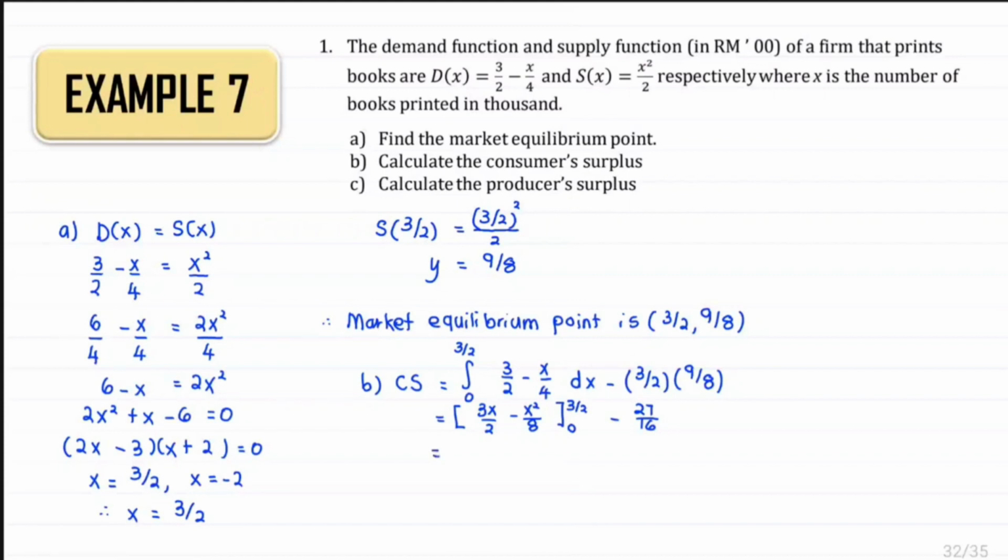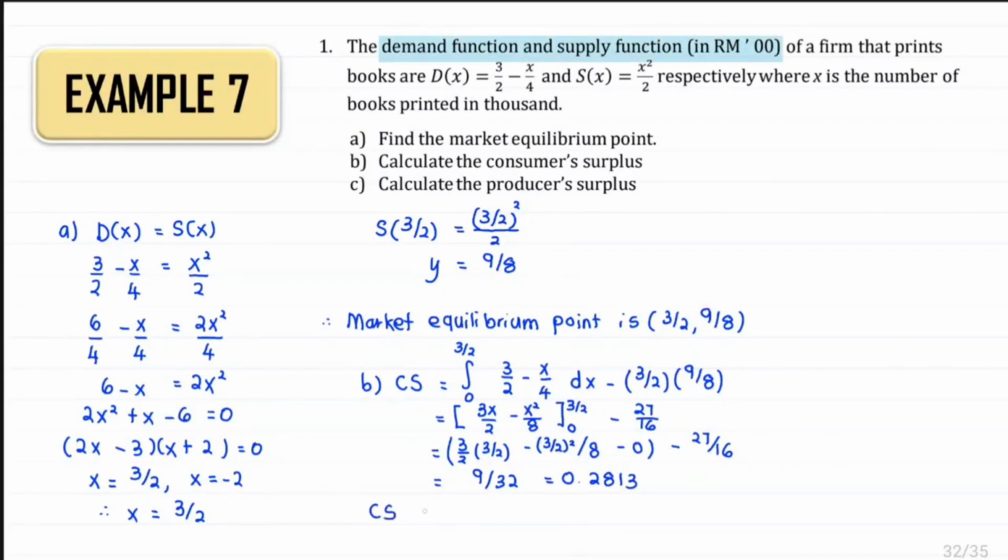Then we substitute value 3 over 2 times 3 over 2 minus 3 over 2 squared divided by 8, then minus 0, minus 27 over 16. Then we calculate, we get 9 over 32 or 0.2813. Since demand and supply are in 100, our CS is 28 ringgit and 13 cent. We move 2 decimal points.